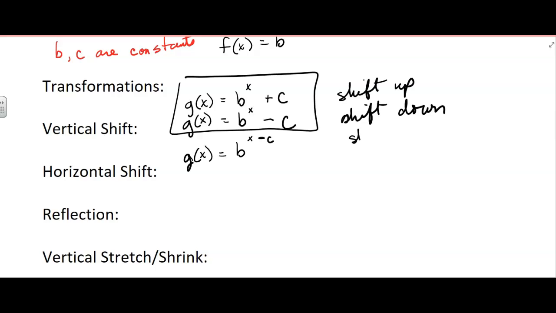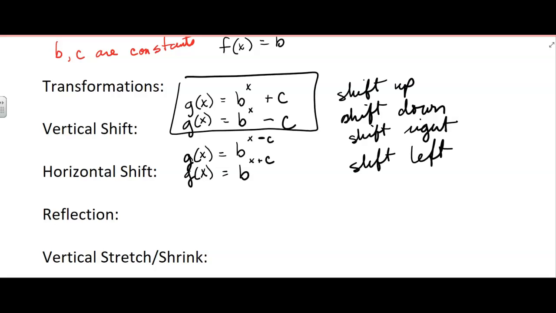That is going to shift to the right, c units. And if it were g of x equals b to the x plus c, I'm trying to write it little so it looks like it's up in the exponent, then that's going to shift left. It won't change the asymptote because the asymptote's at 0. It's horizontal, so that's not going to shift.